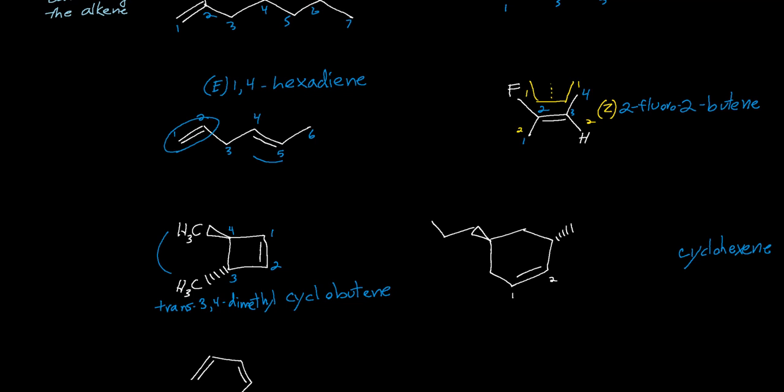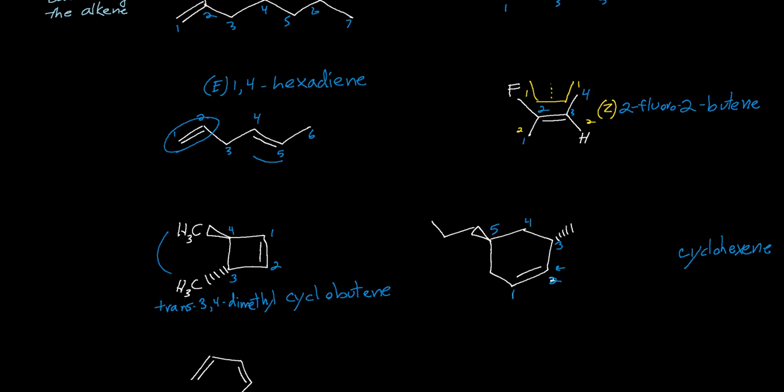Giving these substituents the lowest combination of numbers, 3, 4, 5, starting from 1, 2 in the alkene, rather than if we started numbering here, for example, that would be 1, 2, 3, 4 for the propyl group, 5, 6 for the methyl group, so 4, 6 rather than 3, 5. 3, 5 is a lower combination of numbers, right?